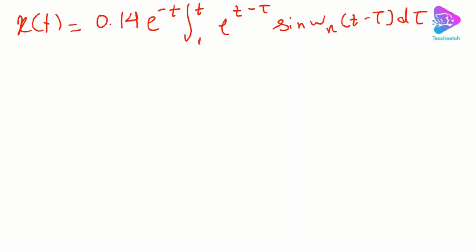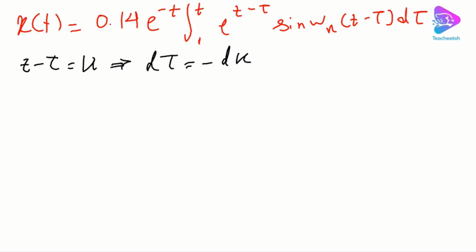Now I want to define a new variable, so I put t-τ equal to u, which means that basically dτ is equal to -du, right? Because t is a constant when we take the derivative here. And now we can basically plug in everything into the equation.